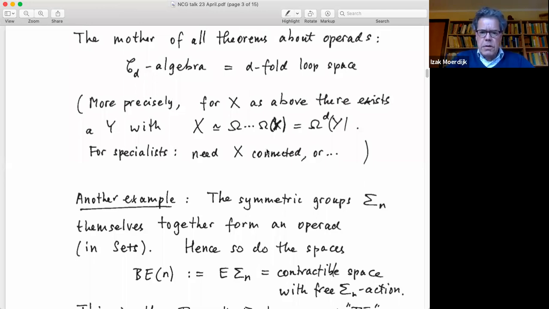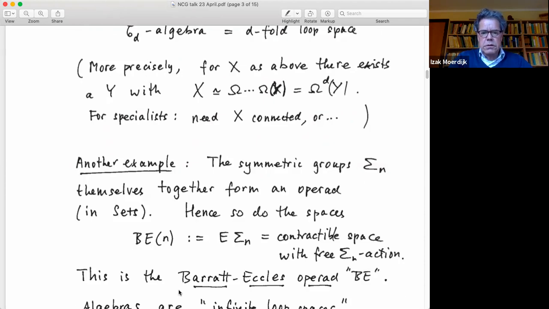In particular, if you take the classifying spaces of the symmetric groups, then you get an operad, but you lose the sigma n action. However, if you take the contractible space with a free sigma n action, the total space of the classifying bundle over B sigma n, then you get spaces that again form an operad, and this operad is called the Barratt-Eccles operad.